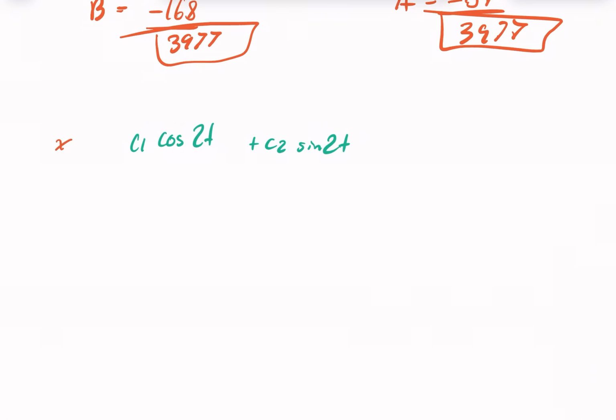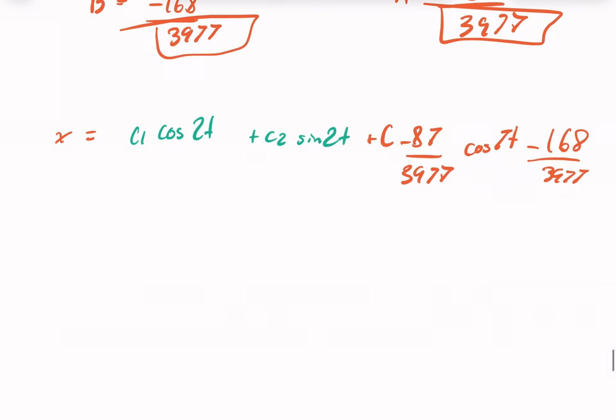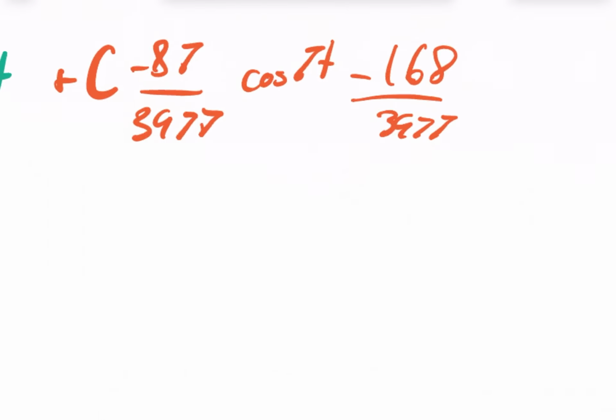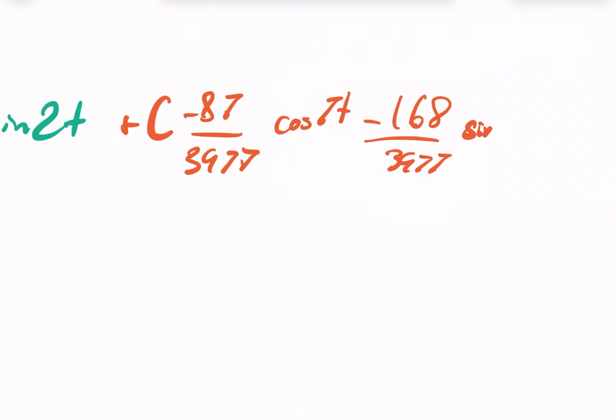So we have x equals, and then we get plus negative 87 over 3,977 cos 7t minus 168 over 3,977 sine 7t e to the negative 4t.